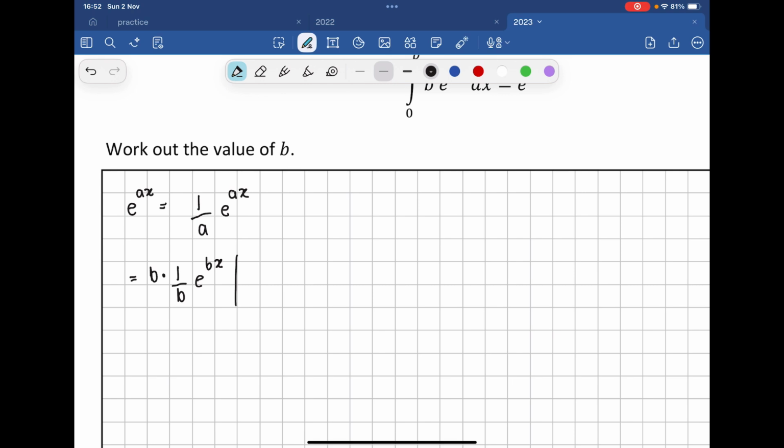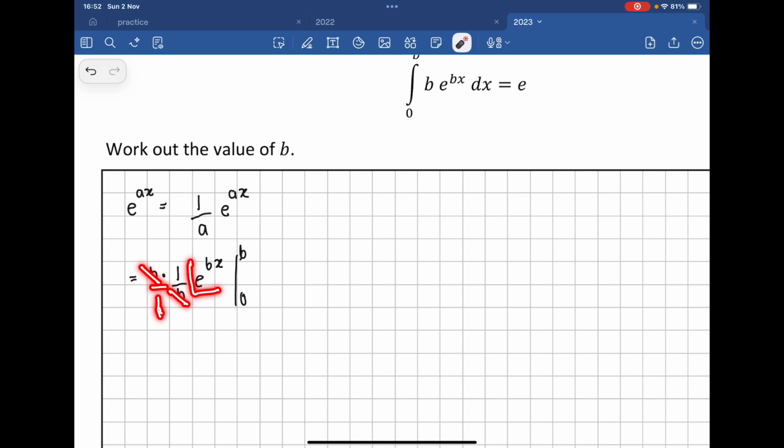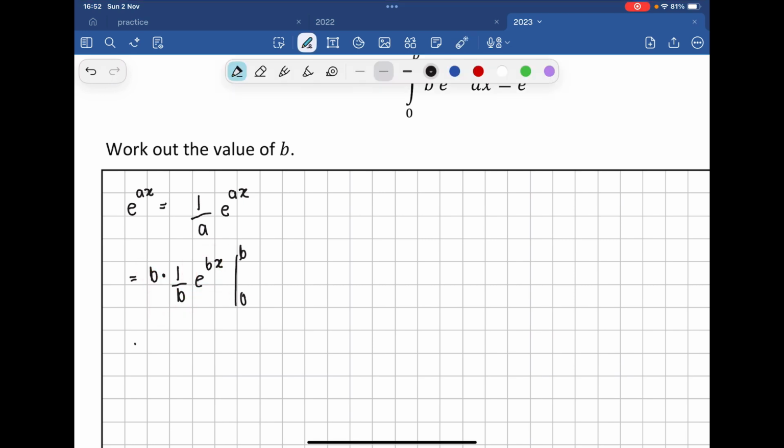So that's the function there, integrated before we add in our bounds. However, you can note that all numbers are actually over 1. And so because the b that's being multiplied here is over 1 and the other b is 1 over b, they actually cancel out, which just gives us e to the power of b by x.